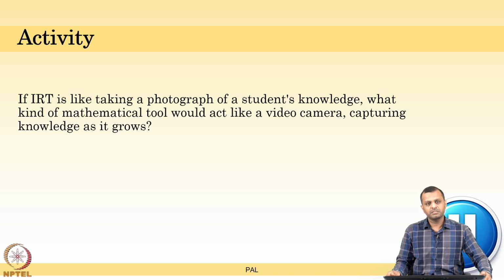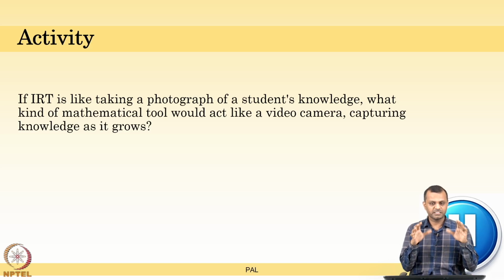IRT is like taking a photograph of the student's knowledge. For example, IRT tells the learner's ability based on the items they answered, say 10 items. What kind of mathematical tool would act like a video camera? Do you understand the difference?